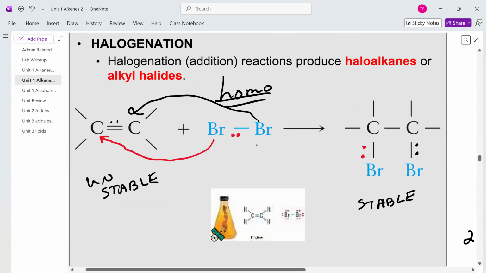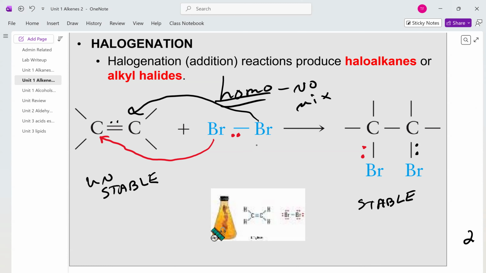So these are homo, so no mixture. Now, in the flow chart that I gave you, I will actually notate that. Expect a mixture. Now, when you expect a mixture, 98% of the time you get a mixture. Sometimes you get a mixture, but the products are the same molecule, just flipped over.